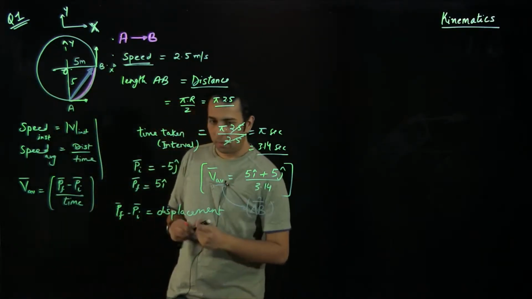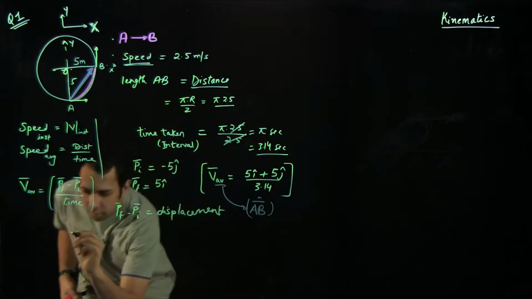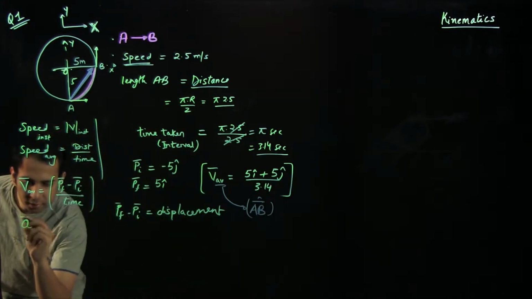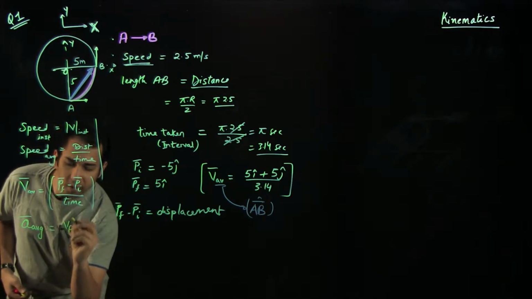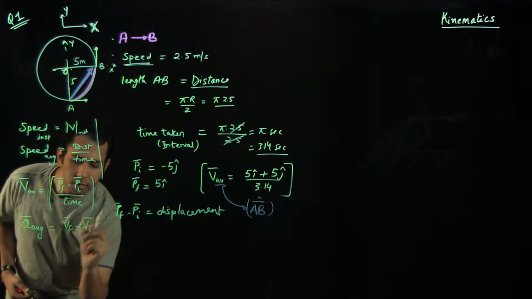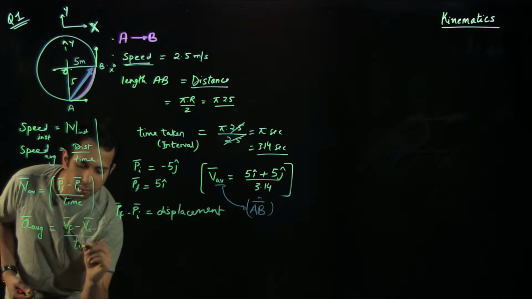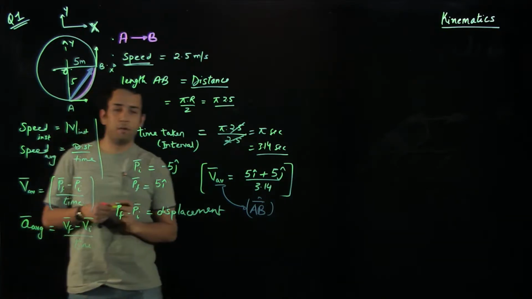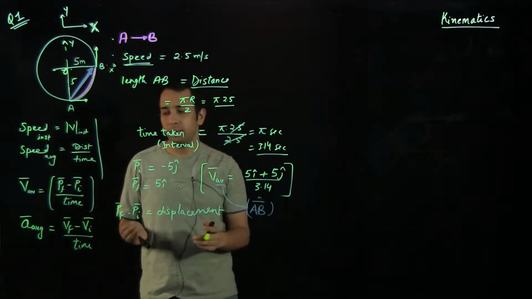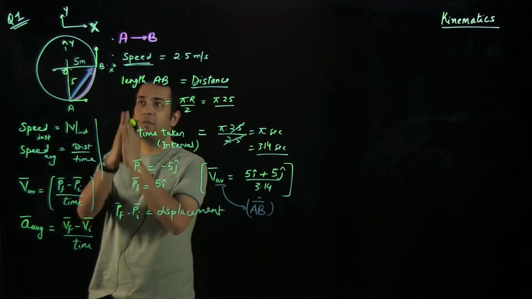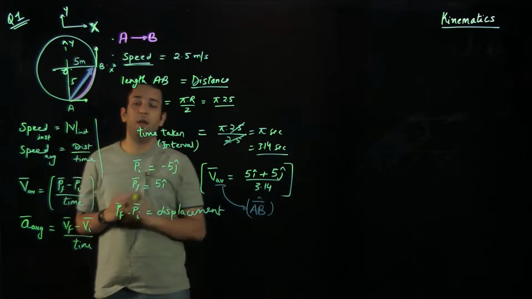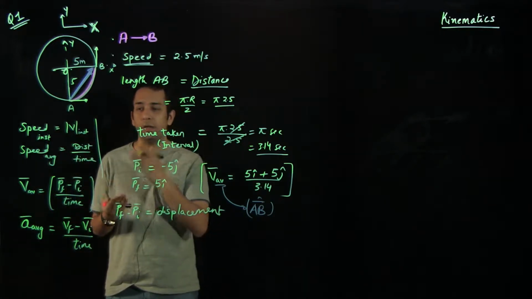Now let us find the average acceleration. Recall that the average acceleration is the final velocity minus the initial velocity upon time. We have not calculated the final velocity yet. We have to know the velocity at the final instant as well as at the initial instant.